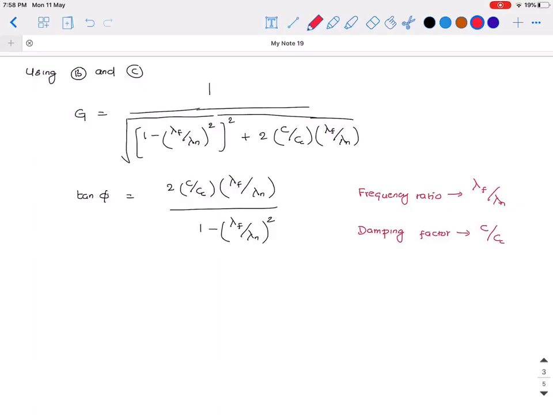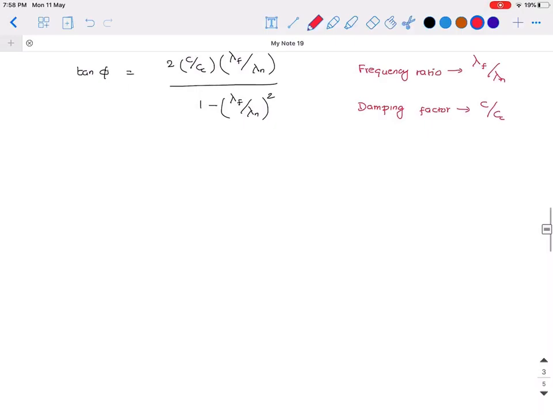Okay, so now to study the structure's sensitivity to oscillatory loads, we can use the frequency response curve. The structure's sensitivity to oscillatory loads is given by the frequency response curve.